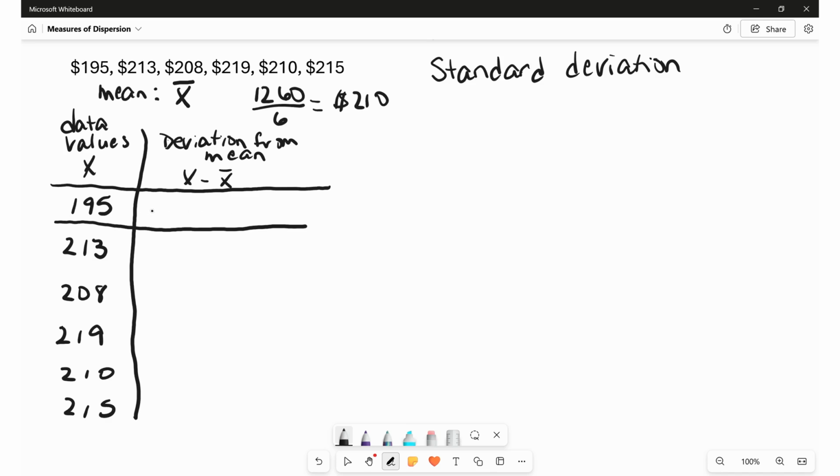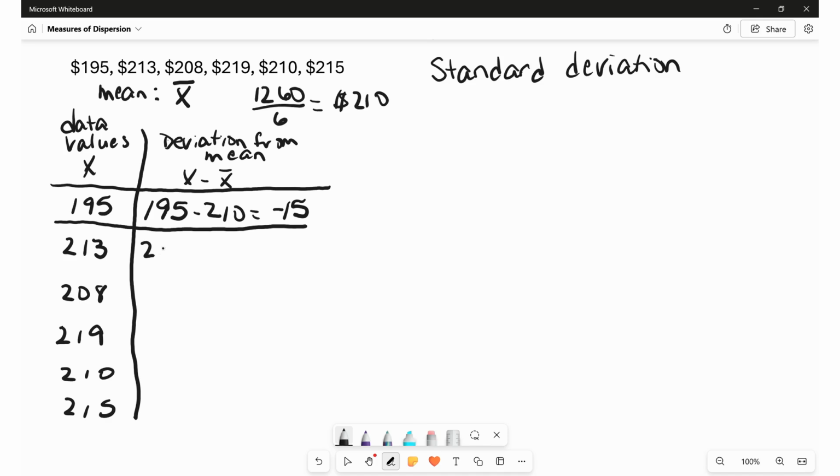So how far is 195 from the mean? Well, 195 minus 210, which gives us that this data value is $15 below the mean.